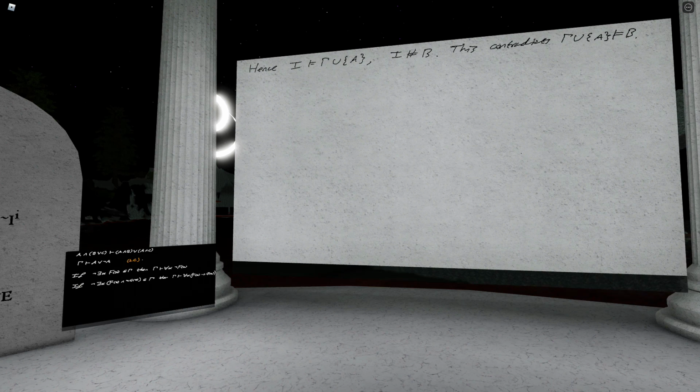So there is no such I, and therefore I can claim that gamma entails A implies B. And that proves the statement P of n plus 1 in the case where the last inference rule is implication introduction.